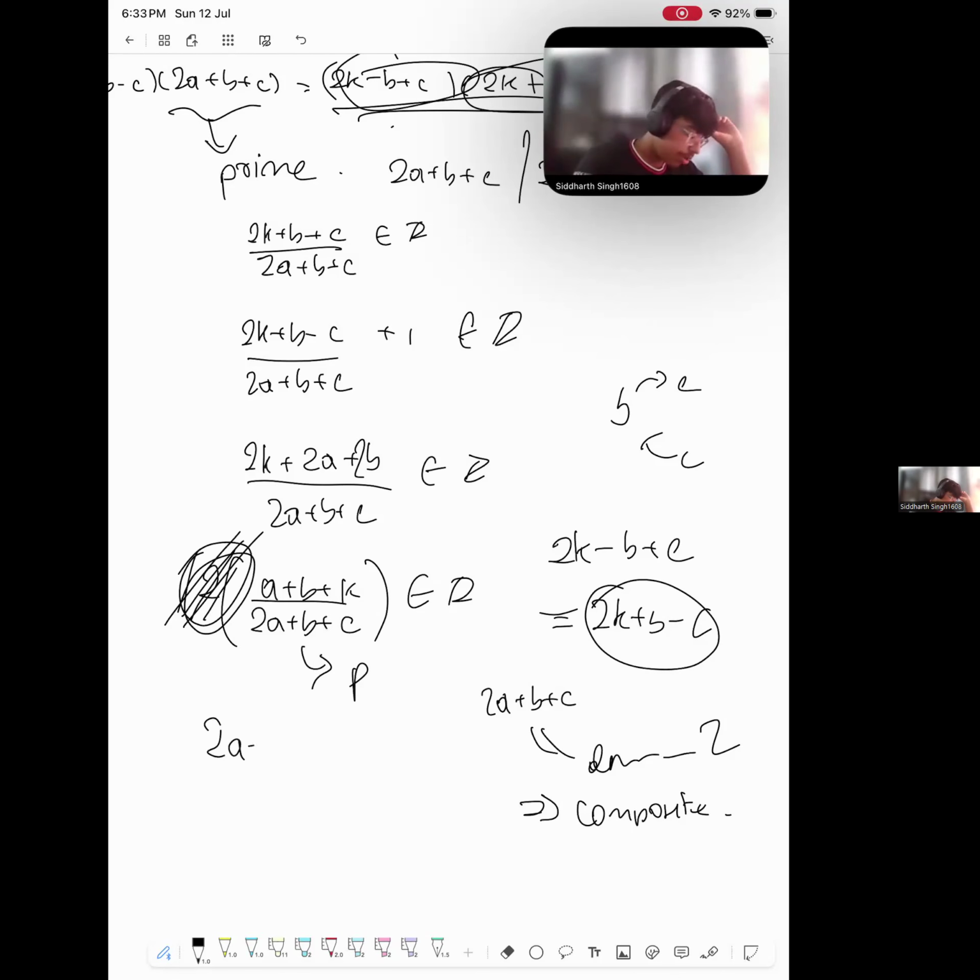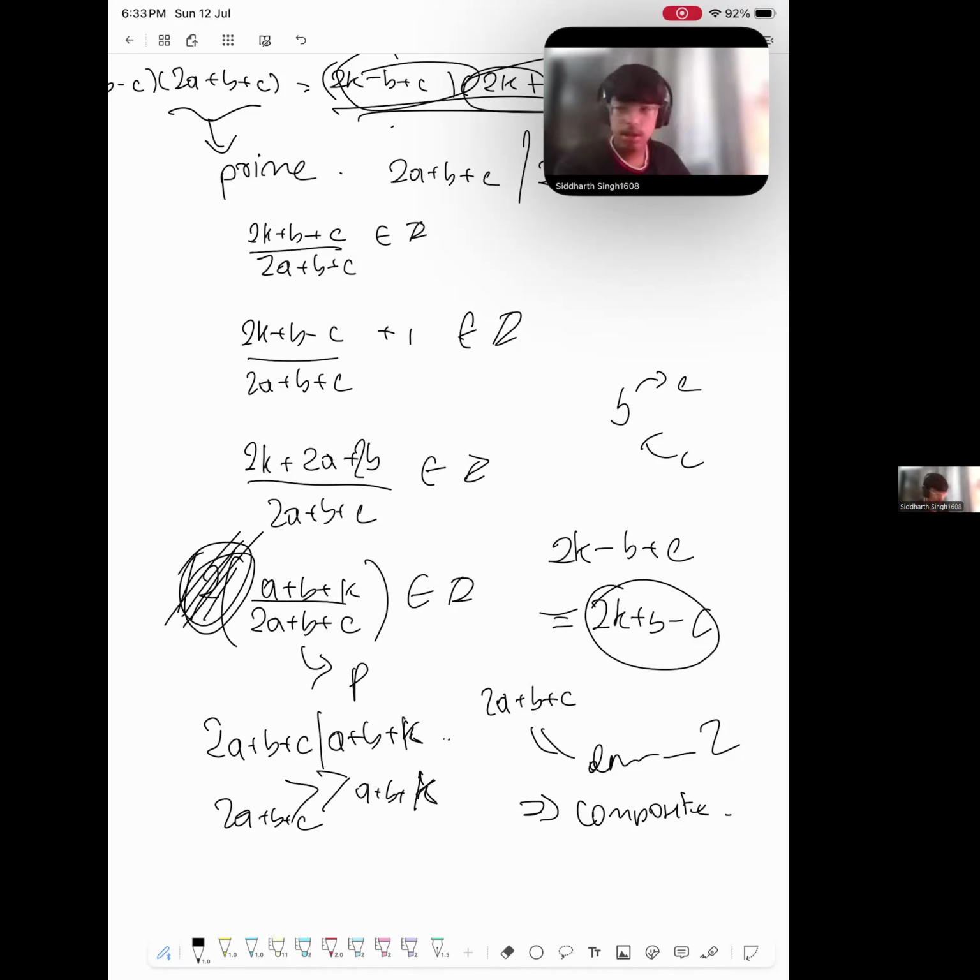So we would now have that 2a plus b plus c divides a plus b plus k. However, this seems to be false, no? k is some number, 2a plus b plus c is some number, a plus b plus k is some number. But this seems to be very much smaller than k, no? It's off by an entire factor of a.